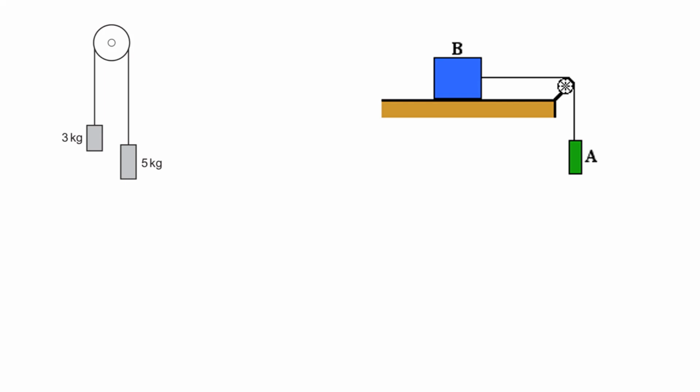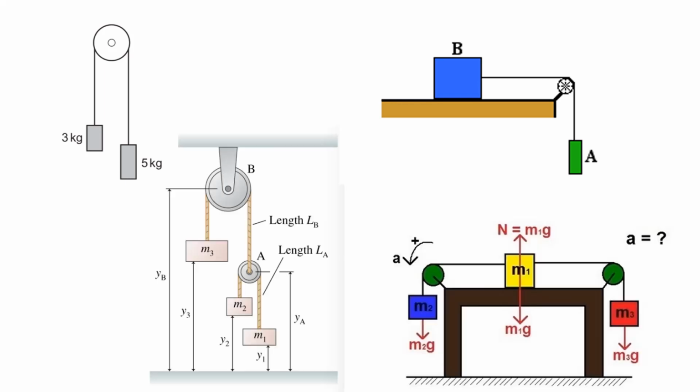This is where we can lead into how things can get more complicated in the real world. We have a more complicated situation, something like this. The thing about pulleys is that if you add more pulleys, the amount of force you need is reduced.